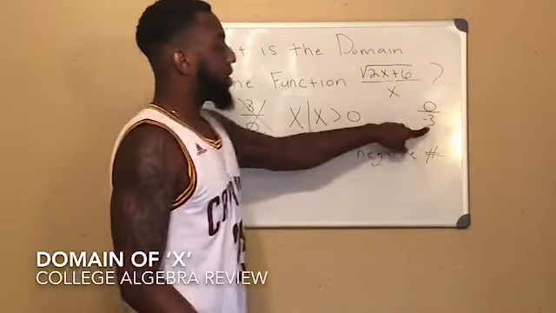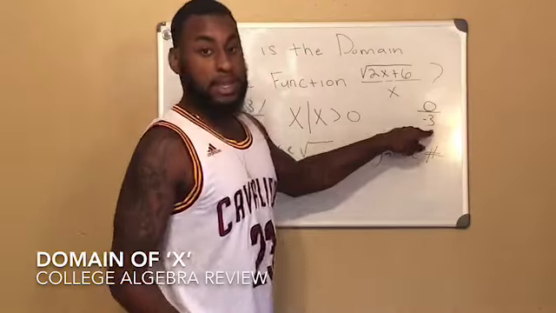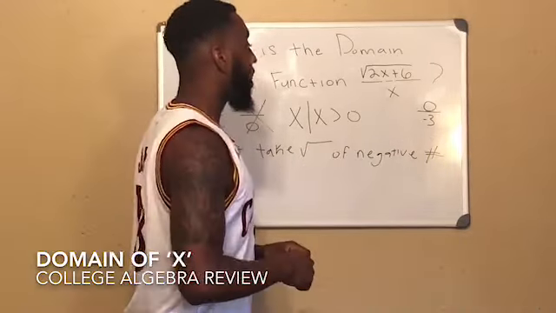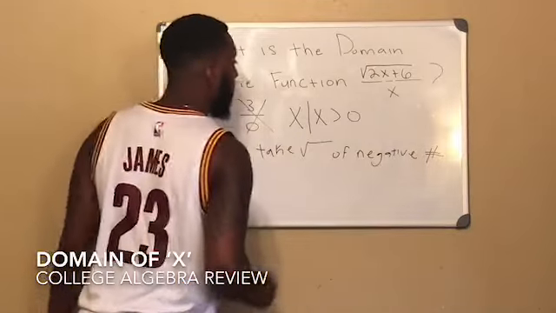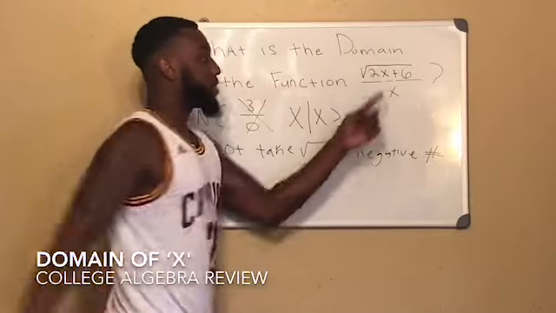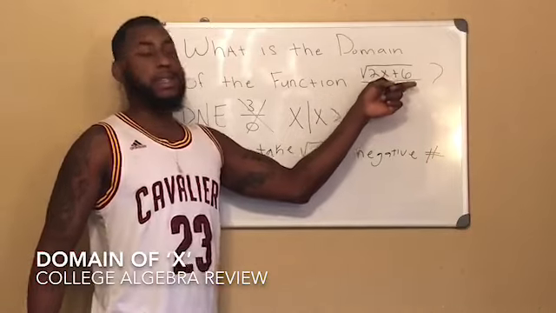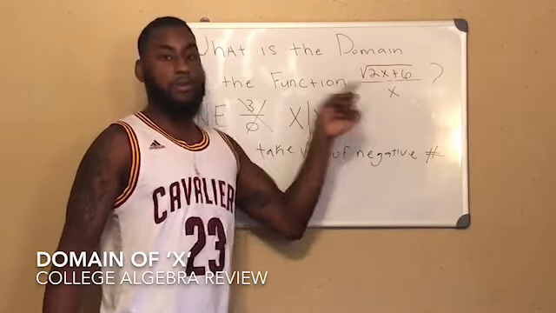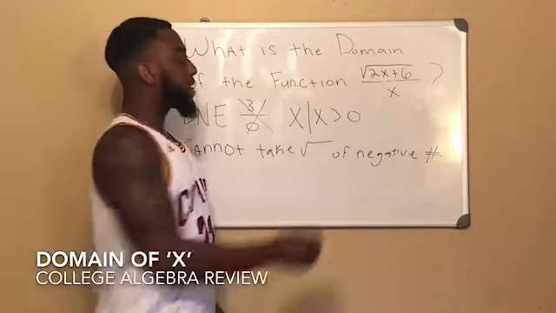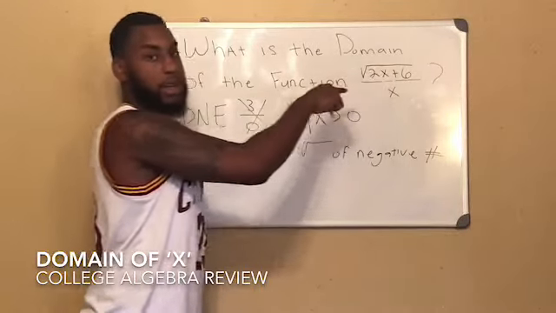Okay? But anything less than negative 3, let's try negative 4. So 2 times negative 4 is negative 8, plus 6 is negative 2. We can't take the square root of a negative 2. Right? That's if we're using x as equal to negative 4.